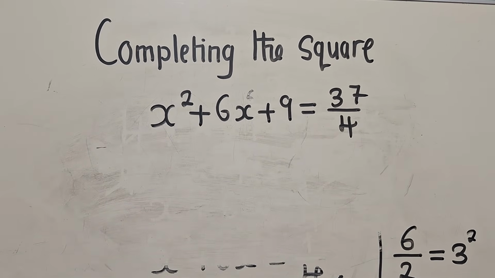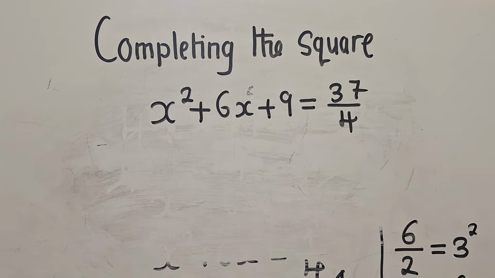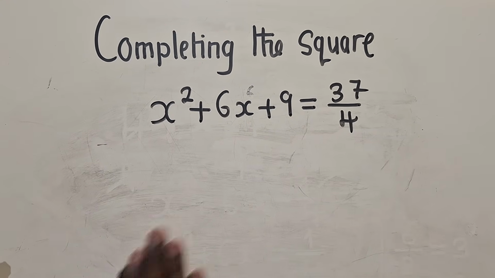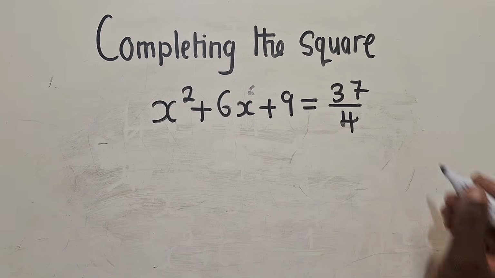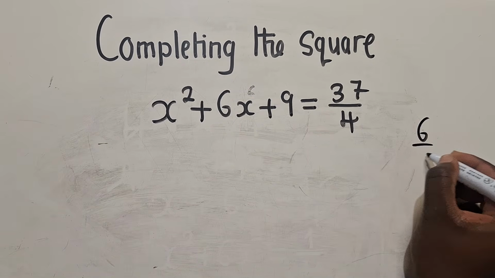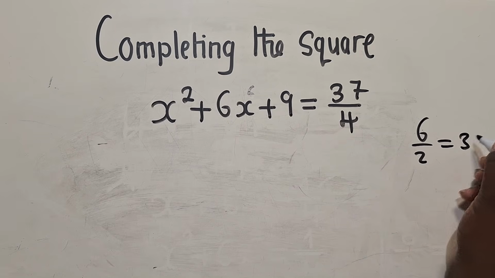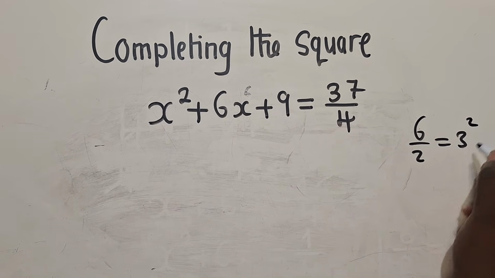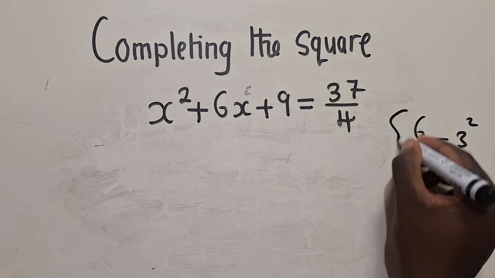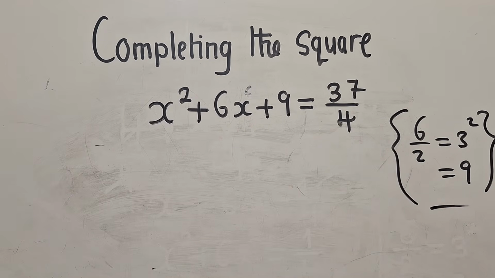So now from that point, what we can do here is this. I want you to follow very nicely. And I want to keep this where I said 6 over 2, it gave me a 3. And then I said 3 power 2, it gave me a 9. I want to keep this because I'll need it at some point.